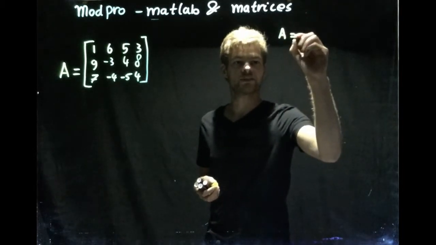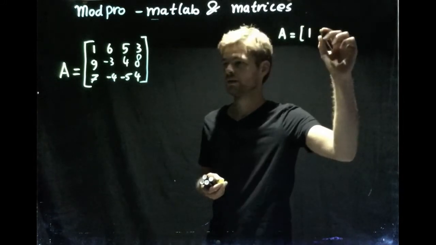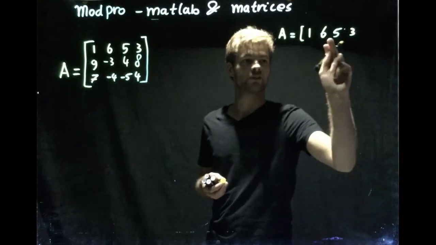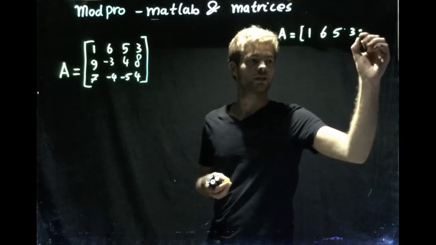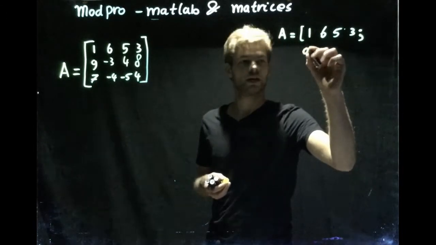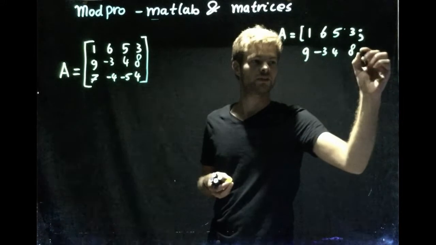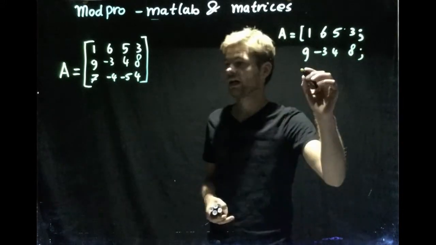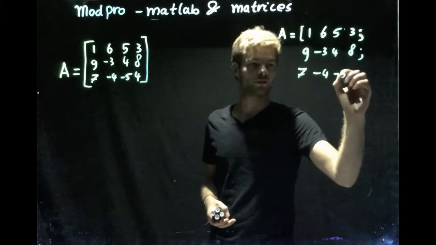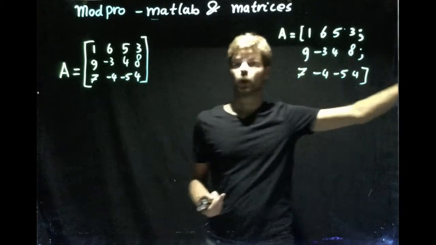A is 1, 6, 5, 3, spaces in between, a semicolon, 9, minus 3, 4, 8, with a semicolon, and then a 7, minus 4, minus 5, and 4. And in MATLAB, this can even be one line.